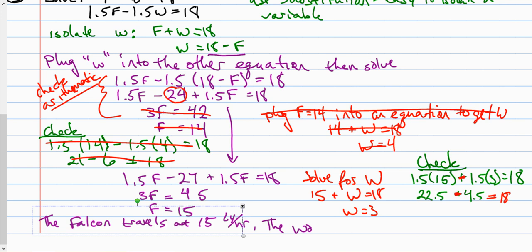The wormhole goes 3 light years per hour. See, don't follow your teacher. She did a bad thing. Alright, go back.